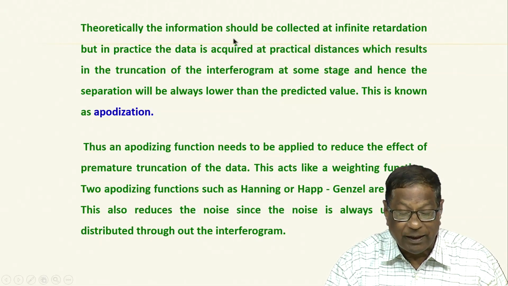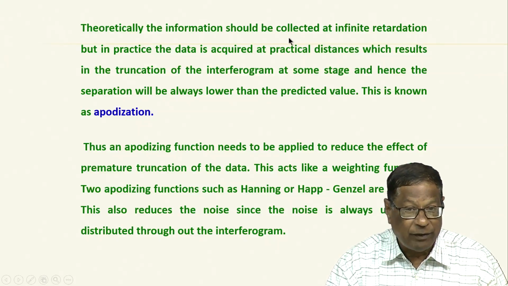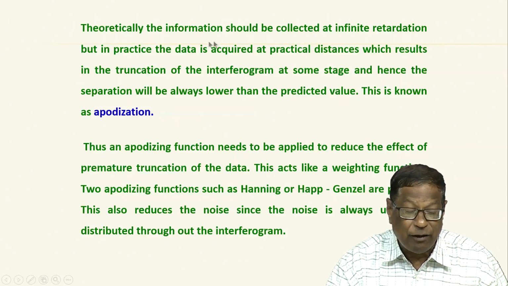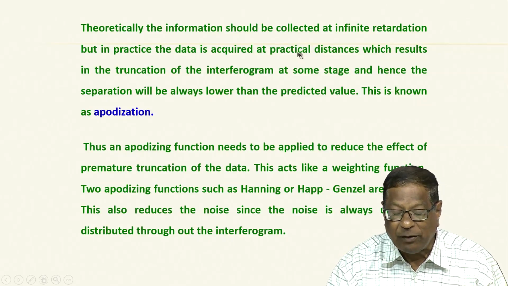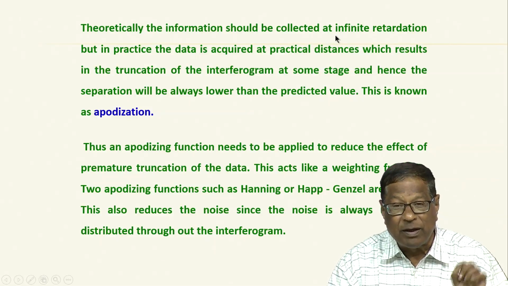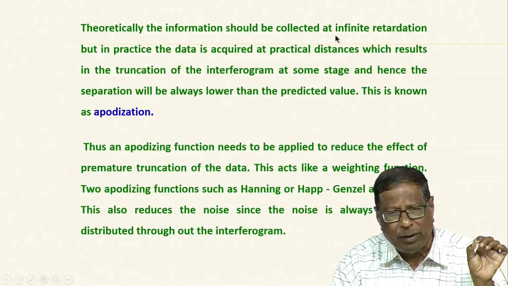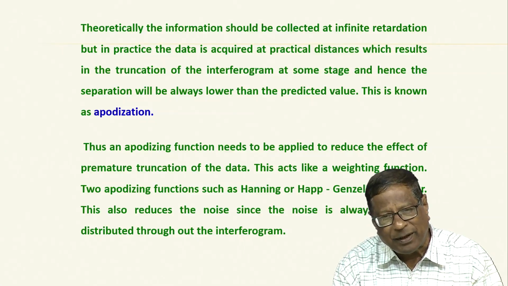So, theoretically the information of FTIR should be collected at infinite retardation. Please try to understand now. An infinite retardation means the moving mirror should be moving at a very small, infinitely slow speed.